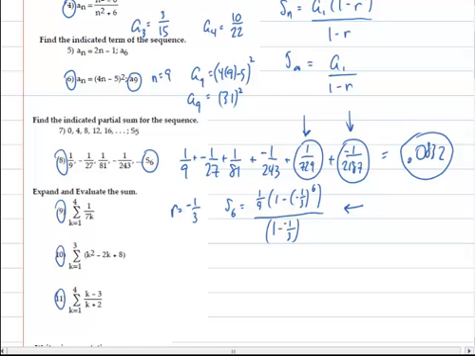So let's take a look at find the indicated sum. Let's do number 11. First you have to expand the sum. It's only got 4 terms, so you would simply do it for k equals 1, 2, 3, and 4 and add up those terms. The first one will be 1 minus 3 over 1 plus 2. Then you would have 2 minus 3 over 2 plus 2, then 3 minus 3 over 3 plus 2, and then 4 minus 3 over 4 plus 2.